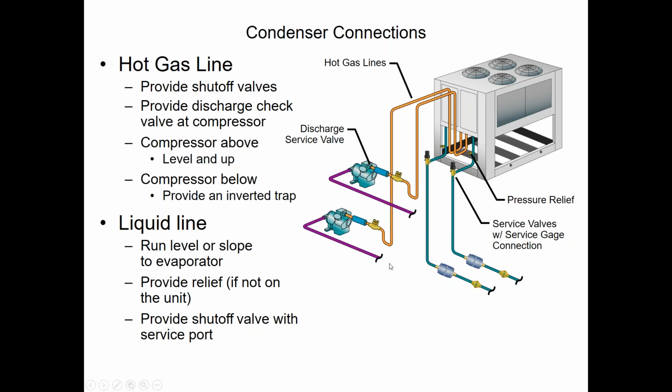So a couple other things on these. There's many applications, especially our screw chillers, like our 30HXs and XAs, things like that, especially if we're doing any kind of remote stuff. We need discharge line check valves in them. Okay, so a lot of things to think about here, and all covered in the install manual. So if you're not familiar with the product, whatever product it is, always take time to review it.